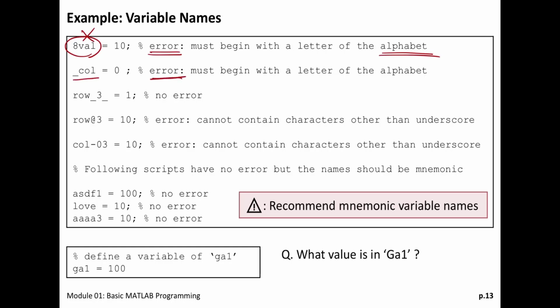Non-alphabet, so no. Okay, this one starts with an alphabet letter and only uses the underscore symbol, right? What about this one? This symbol is not an underscore. This one is the same as well.